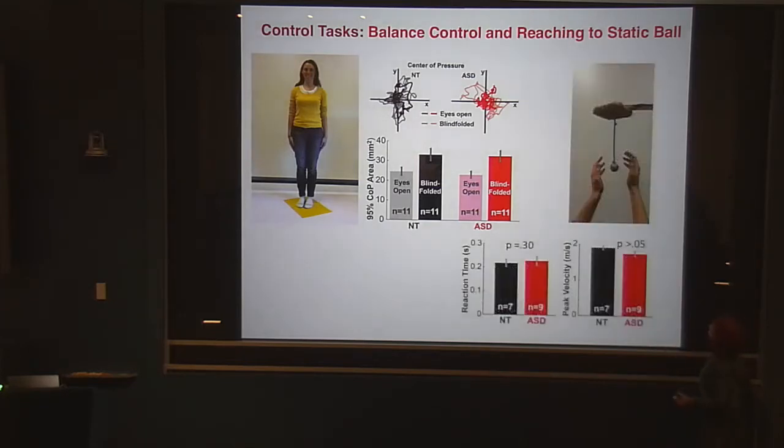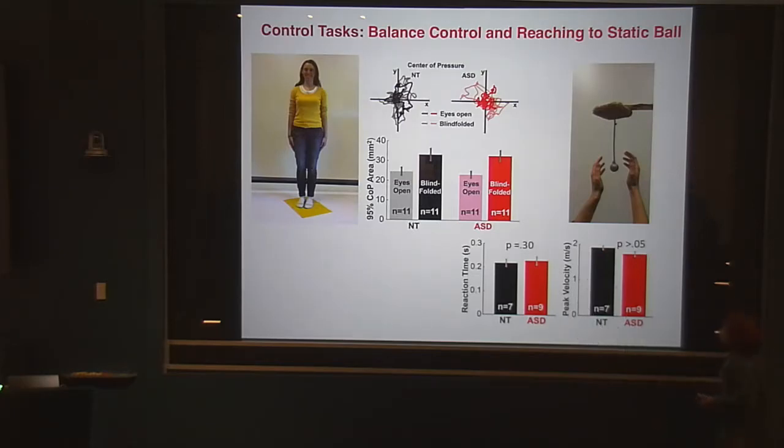Another element is just reaching out to a static ball, where we look at reaction time. There is a verbal metronome cue, and we measure at peak velocity. The minor differences between the two bars are not significant, meaning when catching a stationary ball, both populations do similarly well.